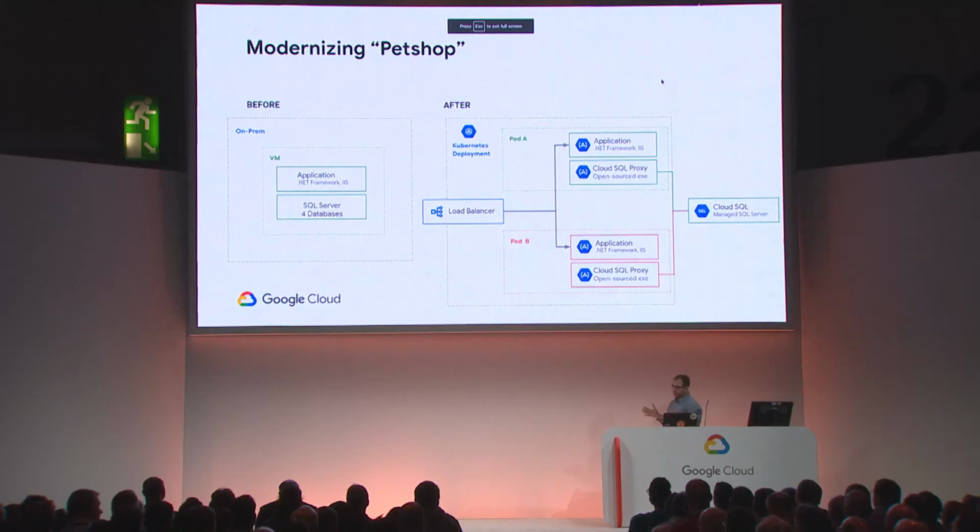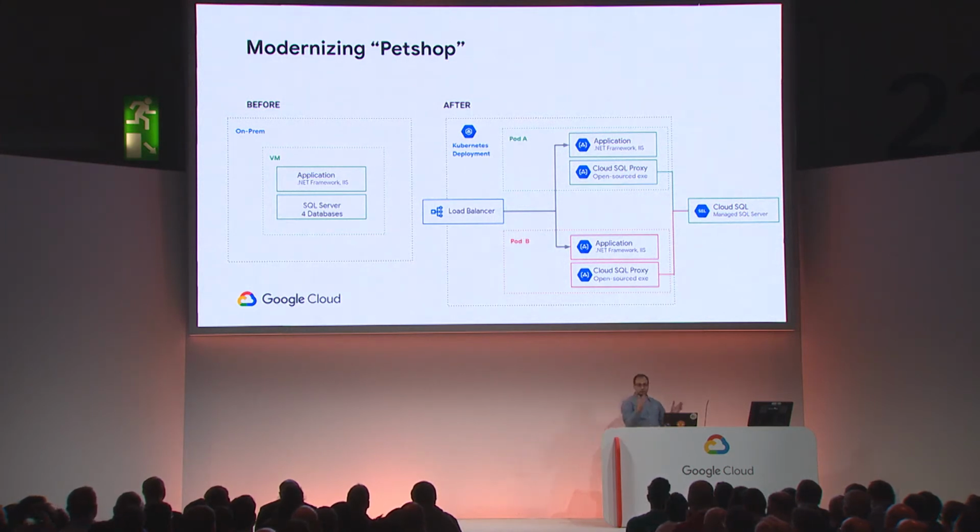So basically, the goal is to get from the stage where we have the application up and running on a VM on premises. In our case, we took the original Pet Shop application developed over 15 years ago. It all runs on a VM, both the SQL Server and IIS.